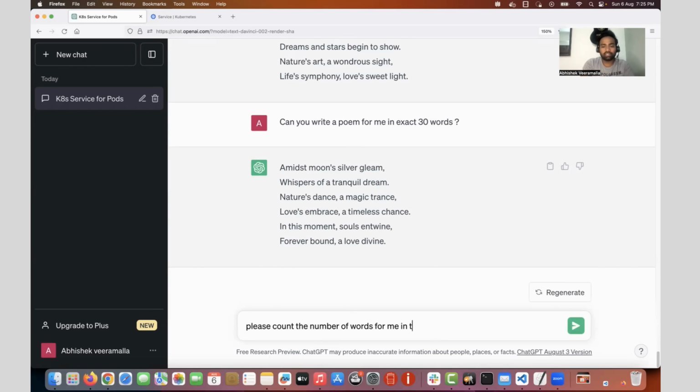Now the next trick here, or you can consider it as a tip, or you can consider it as a trick. Most of the time, when you are using ChatGPT, I've seen people using this one conversation tab for everything. Right now in this conversation tab, I've asked ChatGPT, what is Kubernetes? Then we switch to poetry, right? Let's say we switch to something else here.